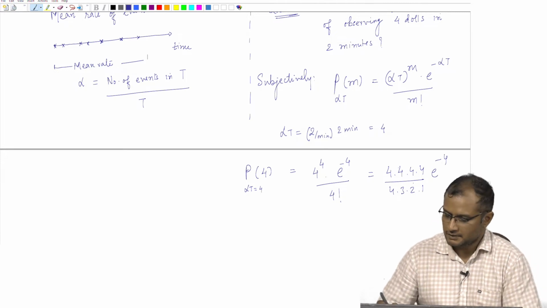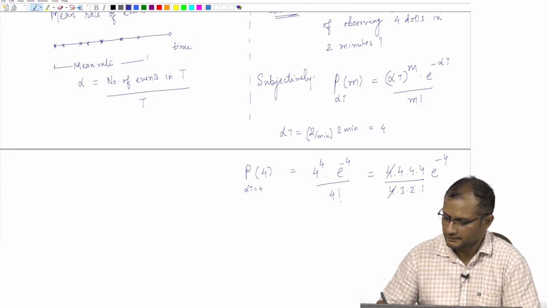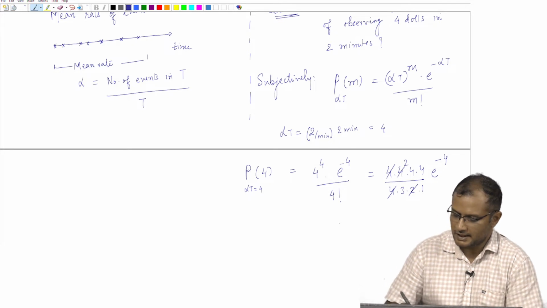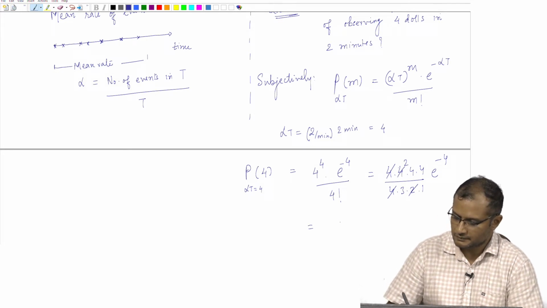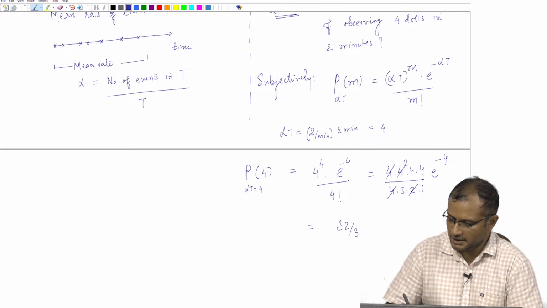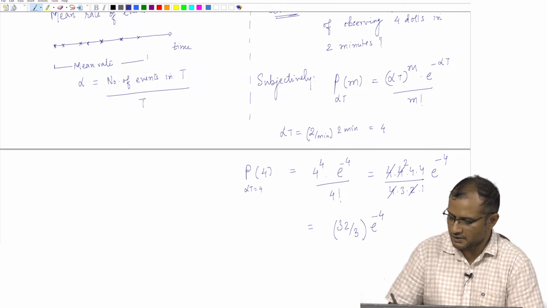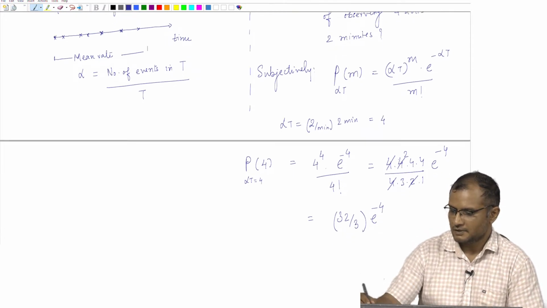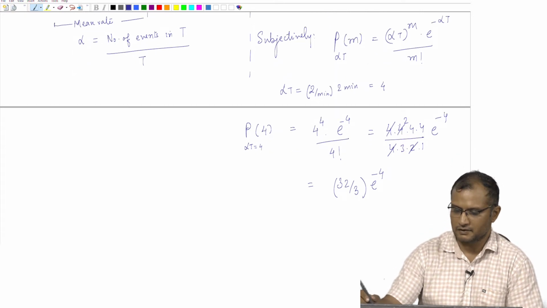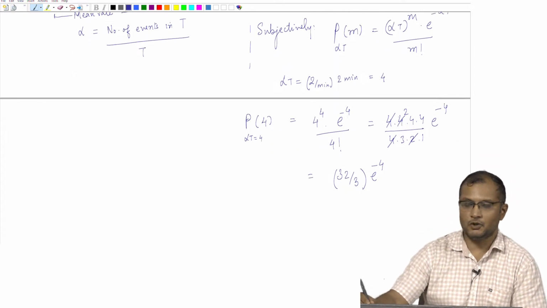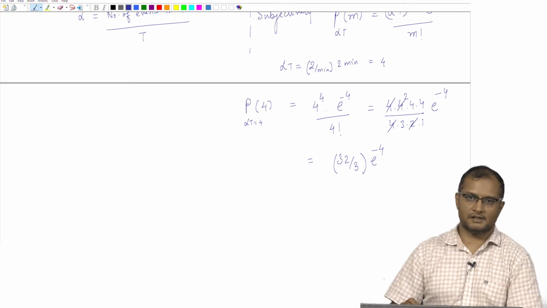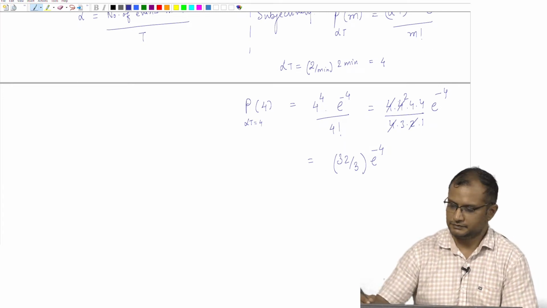Okay. So, you can knock this off and this will give you 32 over 3 into e raised to minus 4. So, this is the probability of observing 4 dolls when the average number of dolls expected is 4.